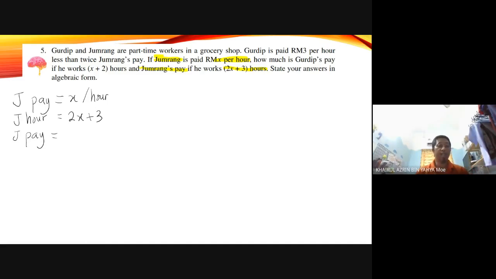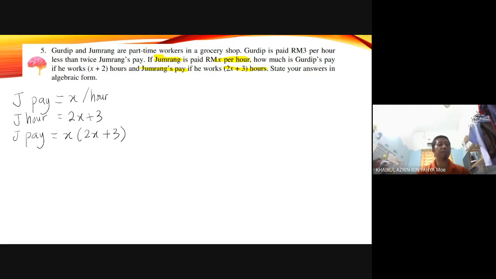The salary is X ringgit per hour. Total hours is 2x plus 3. To get the total money, we multiply: X multiplied by 2x plus 3.